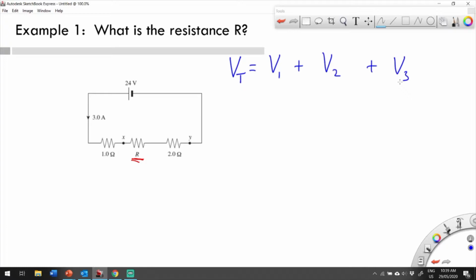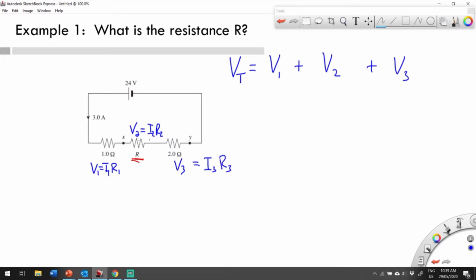Component 1 is a resistor, so we can use Ohm's law to calculate the voltage at component 1. We'll call this R1. At component 2, we can use Ohm's law again to calculate the voltage at component 2. I should label that I2, I1. And for the voltage at component 3, again using Ohm's law, we can calculate the voltage at component 3.